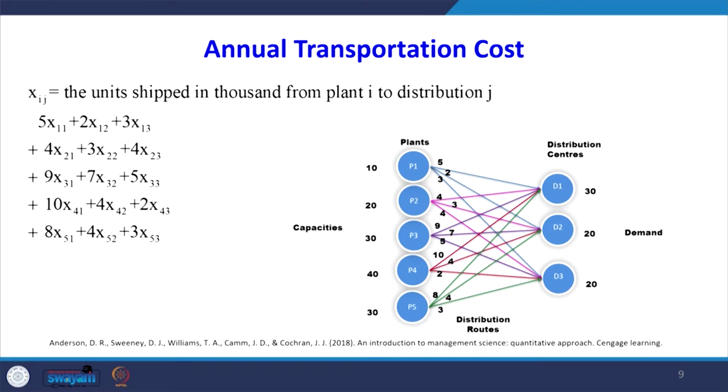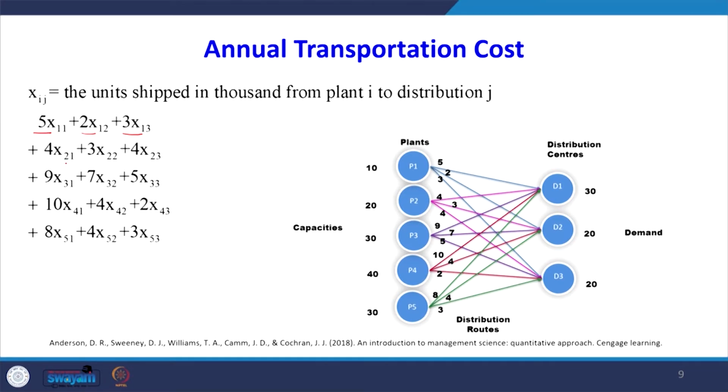The next element is the annual transportation cost. Here I am going to introduce the decision variable xij. i represents the plant, j represents the demand point. So, x is the units shipped, in terms of thousands, from plant i to distribution center j. So, 5x11 plus 2x12 plus 3x13.